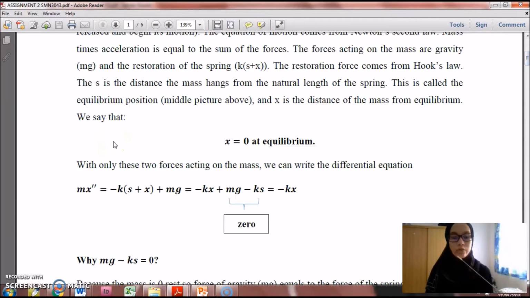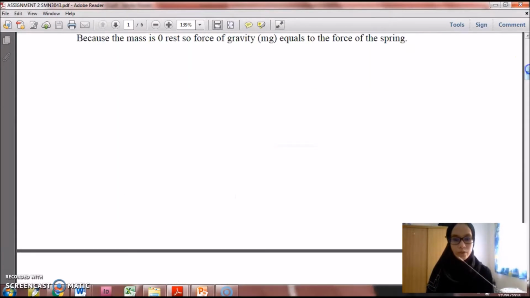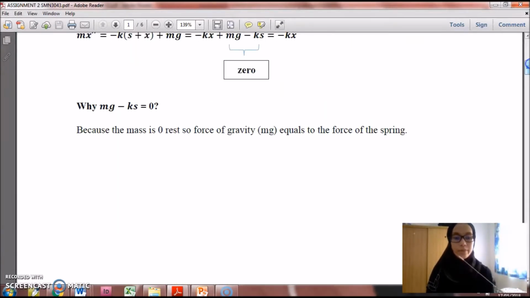With only these two forces acting on the mass, we can write the differential equation, which is this one, where mg minus ks is equal to 0. Why is mg minus ks equal to 0? This is because the mass is at rest, whereas the force of gravity mg equals the force of the spring.